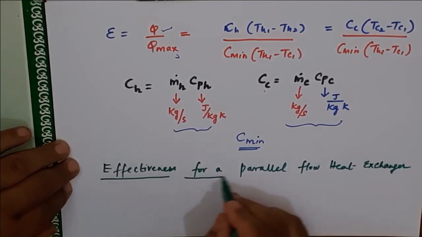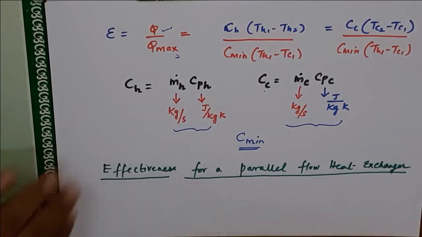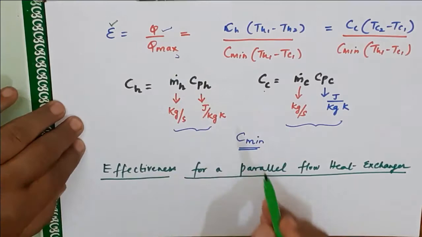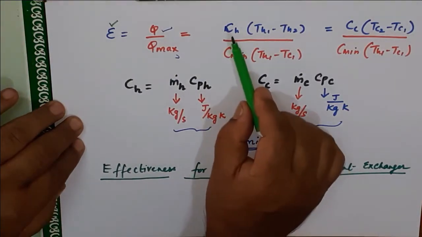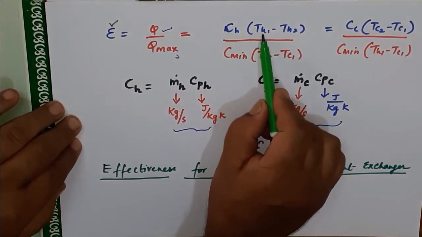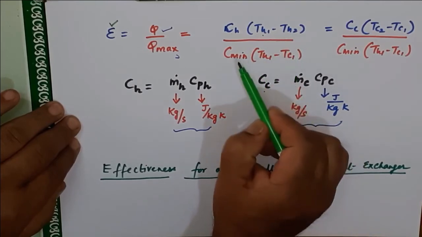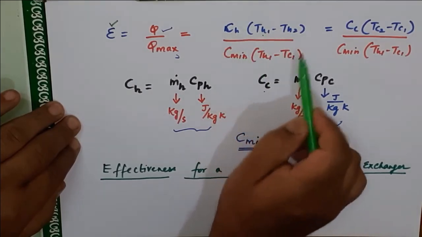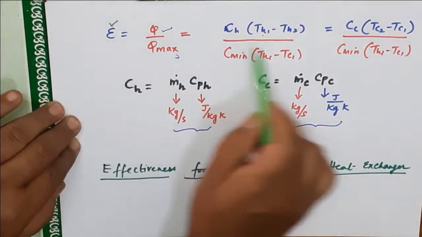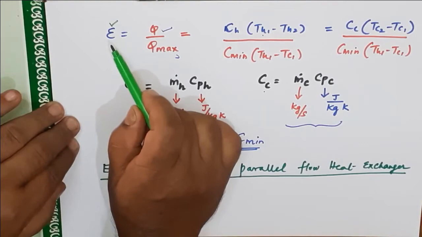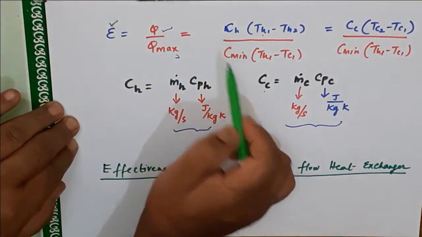Effectiveness for a parallel flow heat exchanger. This effectiveness is a function of many parameters: CH, hot fluid inlet temperature, hot fluid exit temperature, cold fluid inlet temperature, C minimum. Since it depends on so many parameters, it is very difficult to represent effectiveness in a graph or tabular form.